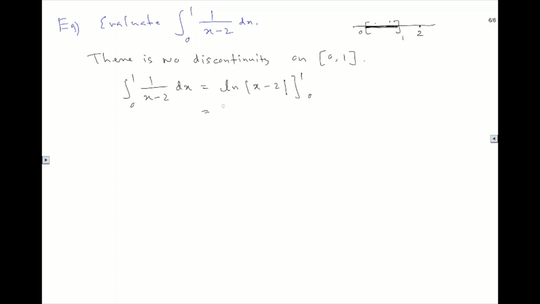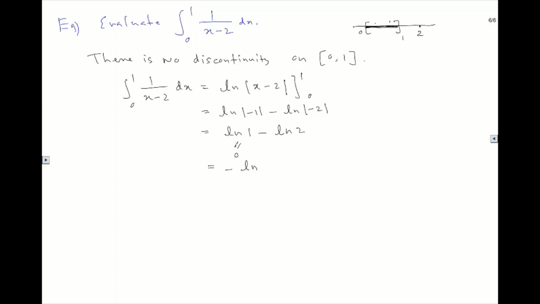So if you do that, you're gonna get ln|-1|, if you plug in 1, minus, if you plug in 0, you're gonna get ln|-2|. So this is gonna be ln 1 minus ln 2, but you know that ln 1 is 0. So you're gonna get -ln 2.